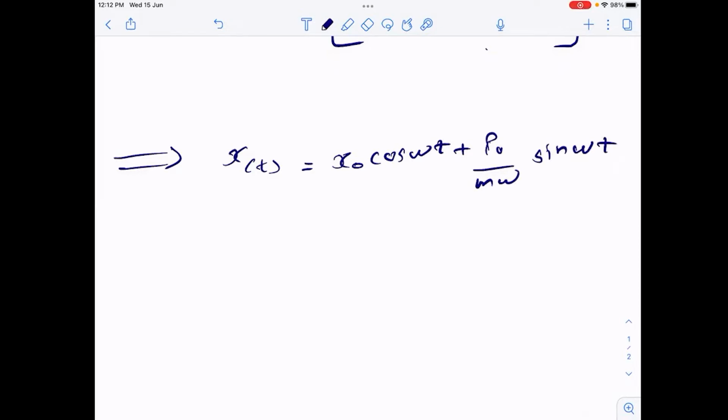What will be xt in terms of our matrix elements? How do you go ahead with this? You have x0 and p0, so you use x0 and p0 over here. So what are x0 and p0?